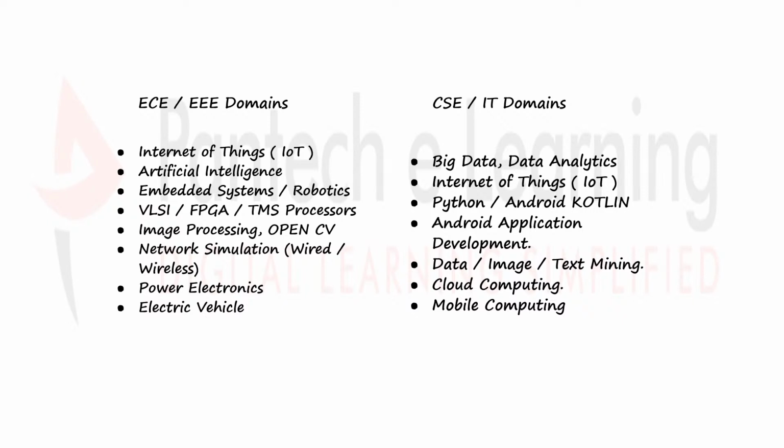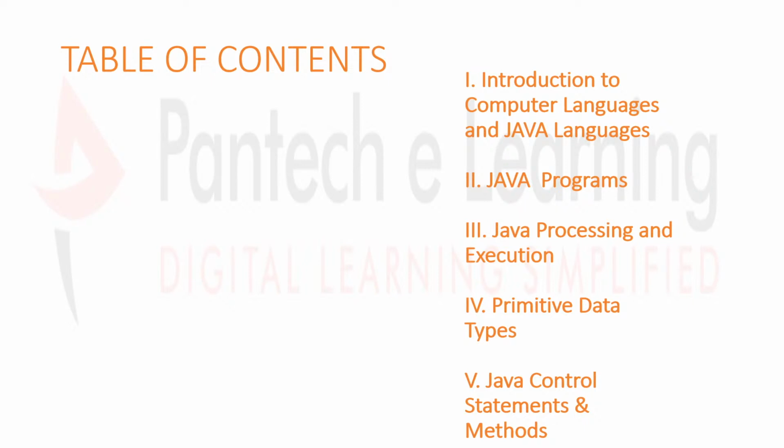Today I am going to teach you how we can use the advanced Java language. Here I am giving the table of contents, the contents I am taking in today's webinar. The webinar is all about an introduction to computer language and the Java language.